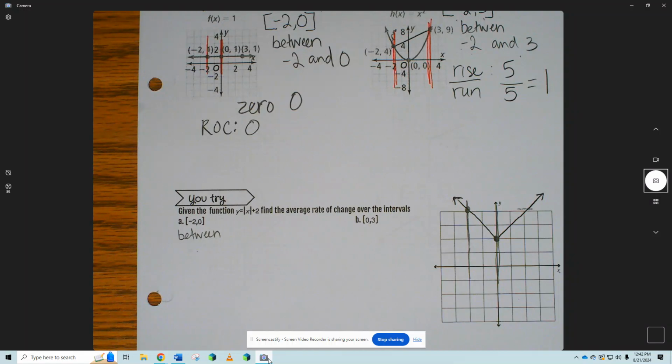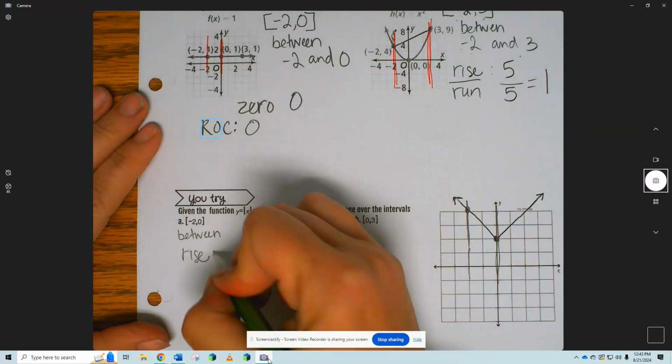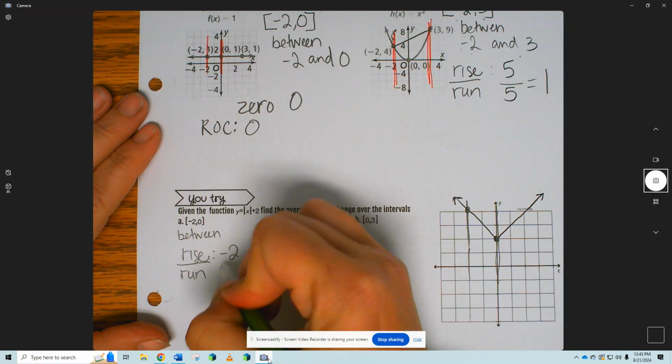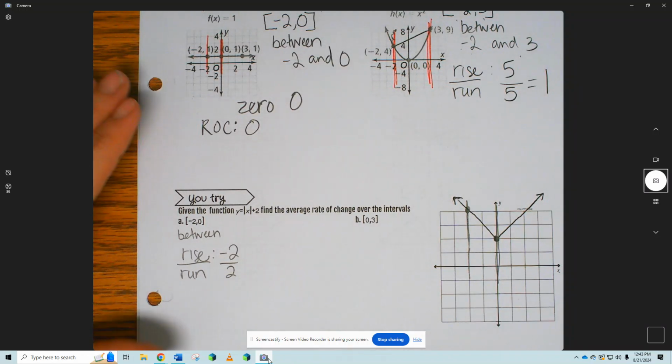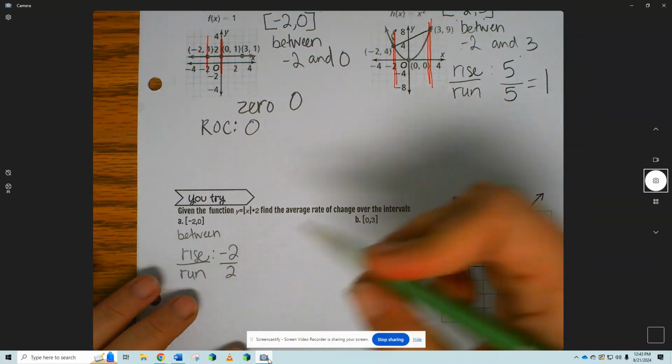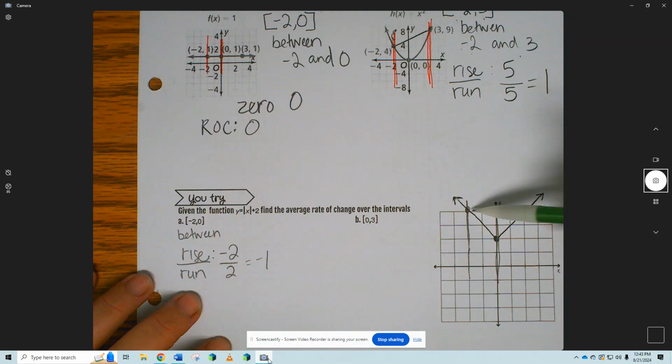Rise how many down? Run how many over? From dot to dot. All we care about is dot to dot. In between -2 and 0. Rise and run. What is it? Down 2. 2 over. Okay, ready? Rise -2. Run +2. What does that reduce to? -1. You guys, it's a downhill line, isn't it negative?